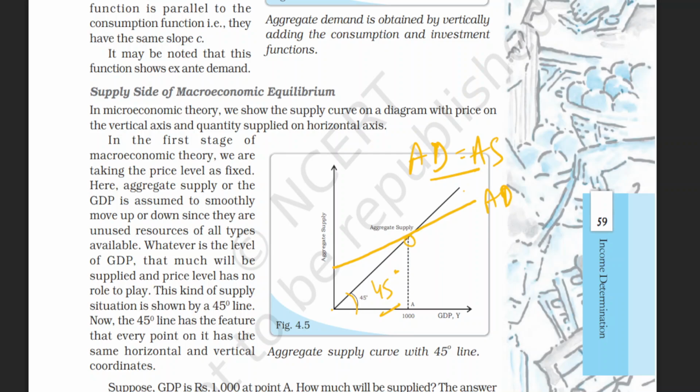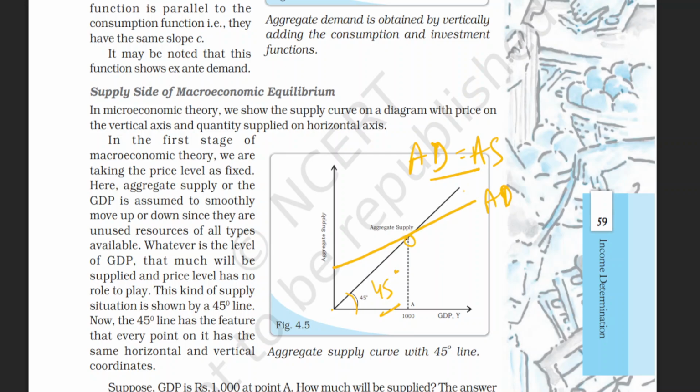Why do we say this is a fixed part? Because we are showing it here as a straight line. Whenever the aggregate demand is equal to aggregate supply, that's why we say it is an equilibrium. And it is short run because the price level is not changing. If the price level is changing throughout the time period, then it is a long-run equilibrium, not a short run. In the short run, the price level is not able to change.